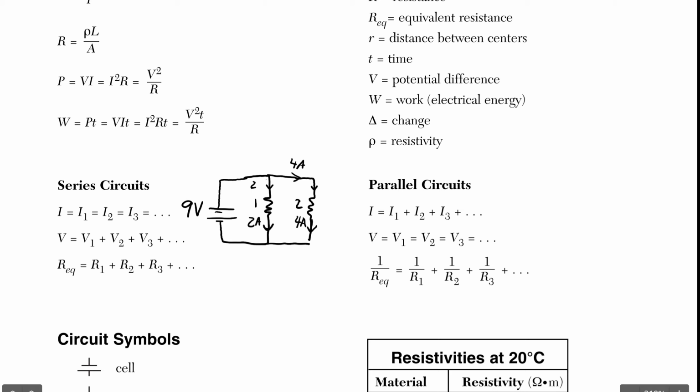So you have 2 amps coming out of this junction and 4 amps coming out of the junction. What has to be coming into the junction over here? Well, if there's 4 and 2 coming out, there has to be 6 amps going in. That's Kirchhoff's current law, and it's basically saying that the sum of the currents in the branches is equal to the current coming into the branch.